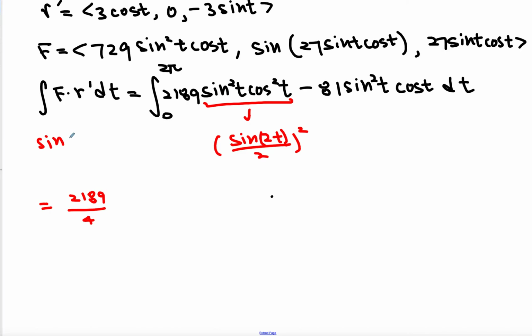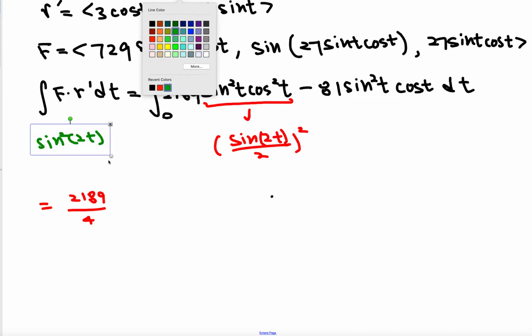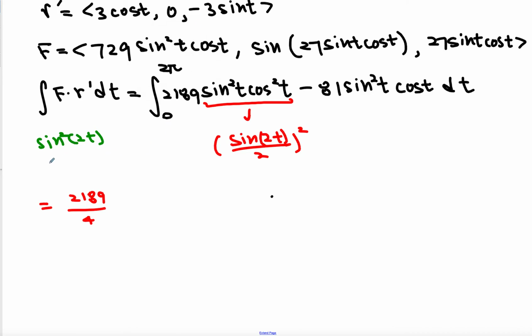If you remember, sine squared of 2t can be expressed as 1 minus cosine of 4t over 2. So I can bring this 2 to the front, and it becomes 8.